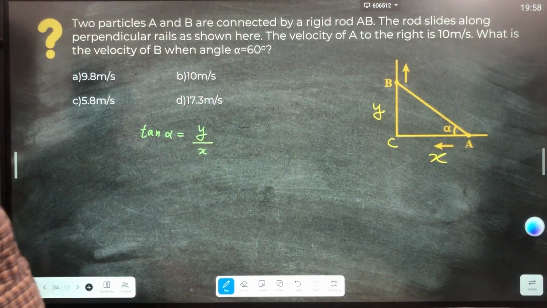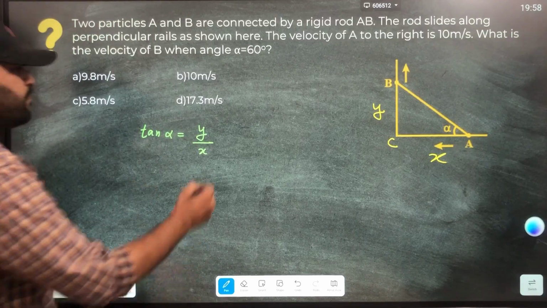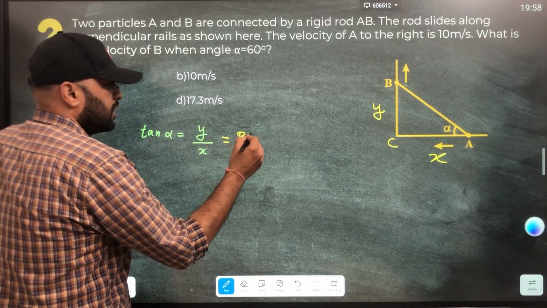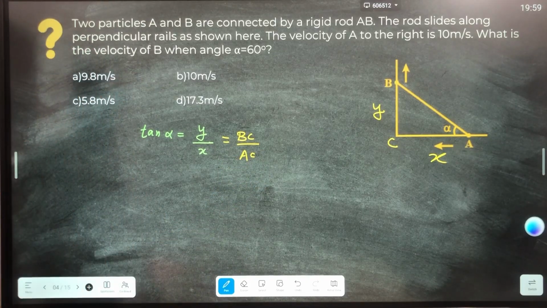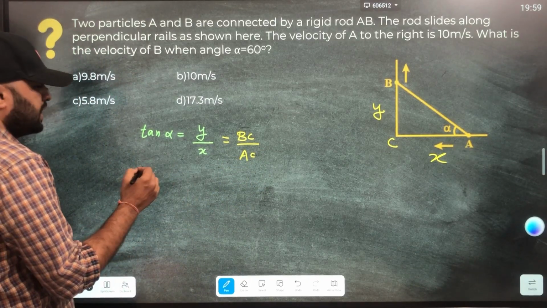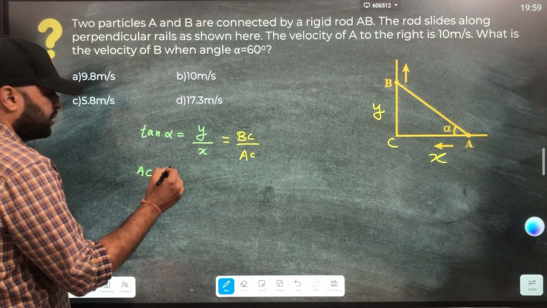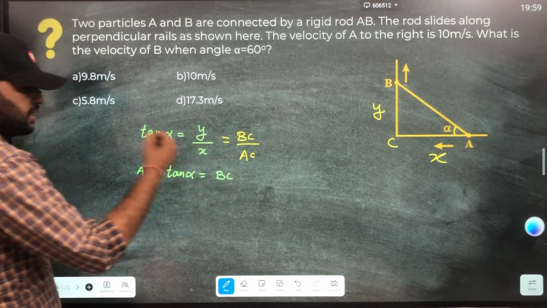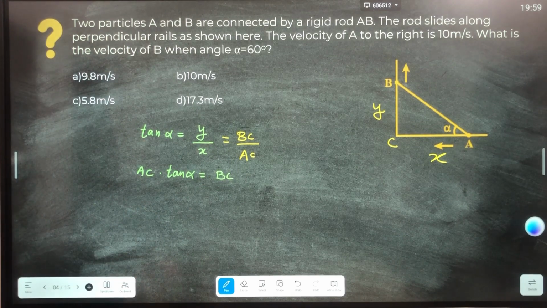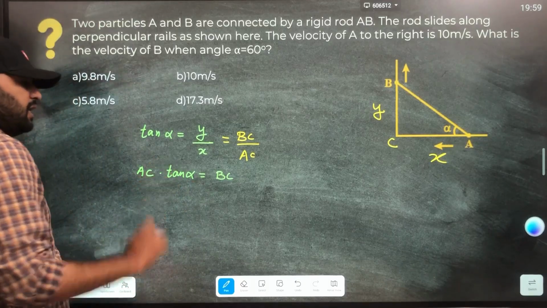Tan alpha is y by x, where y is BC and x is AC, correct? Now if I cross multiply, this gives AC into tan alpha equals BC. When you cross multiply both of them, you will get AC into tan alpha equal to BC.